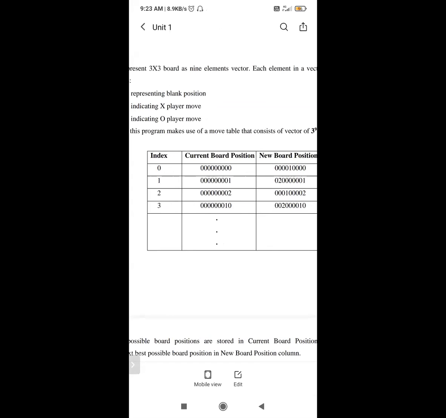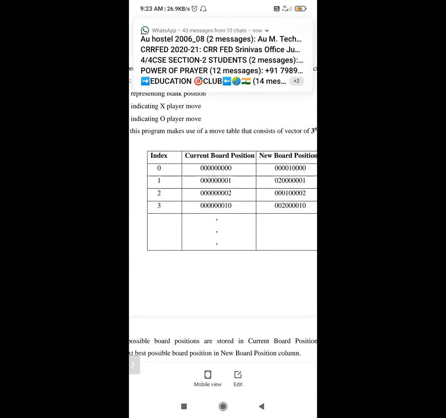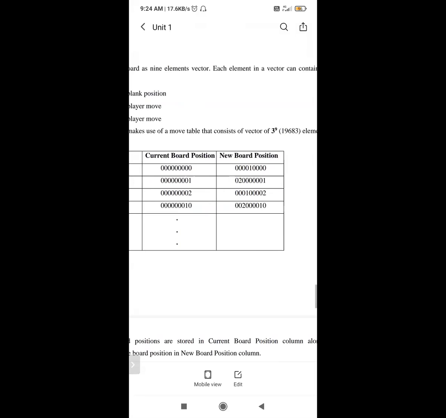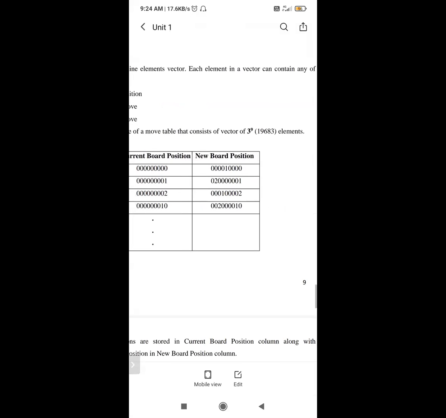Any number to the power 0 equals 1. That means the move is made there, and 1 will be placed over there. So that should be converted to a decimal number, so here you'll get the 1 over here. And next, the new board position now is all zeros except the first position, which is 1.